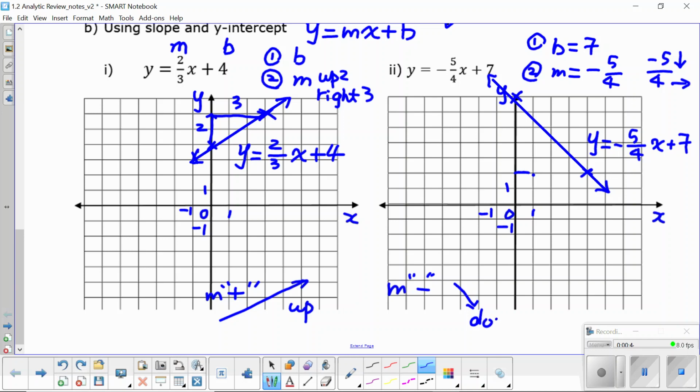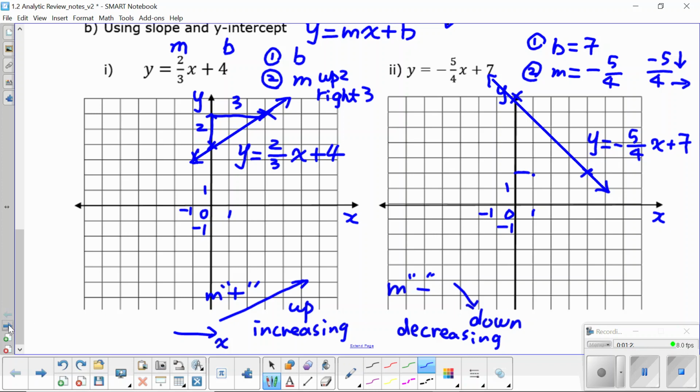We call the first property increasing, and if from left to right the graph is going down, we call it decreasing. Always look from left to right, the same direction as the x-axis, to see if it's up or down. Increasing is up and the slope is positive; decreasing is down and the slope is negative.